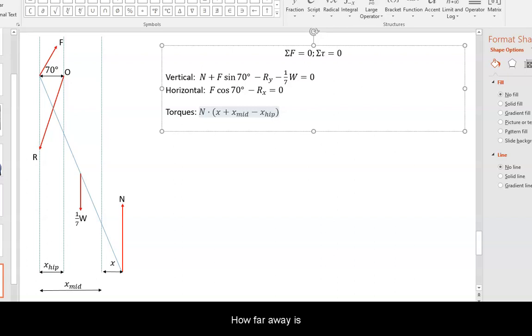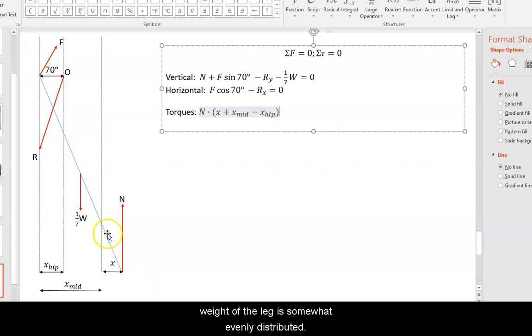How far away is this force, 1/7 the weight of the leg? Well, we're going to just make the assumption that it's halfway between the normal force and the edge of the hip, right? So we're just going to make the assumption that the weight of the leg is somewhat evenly distributed.